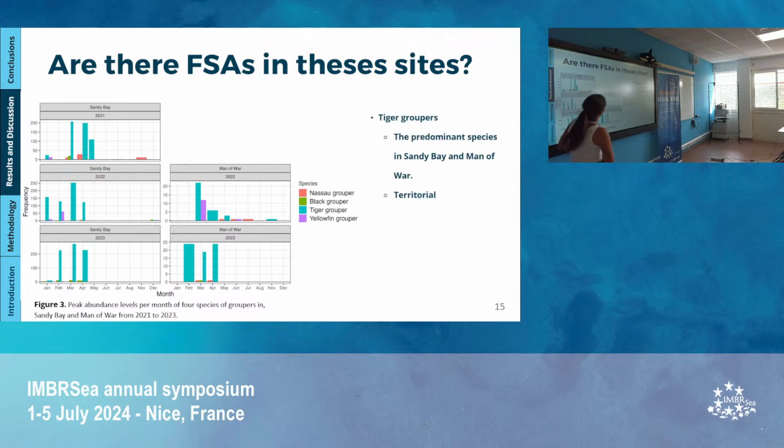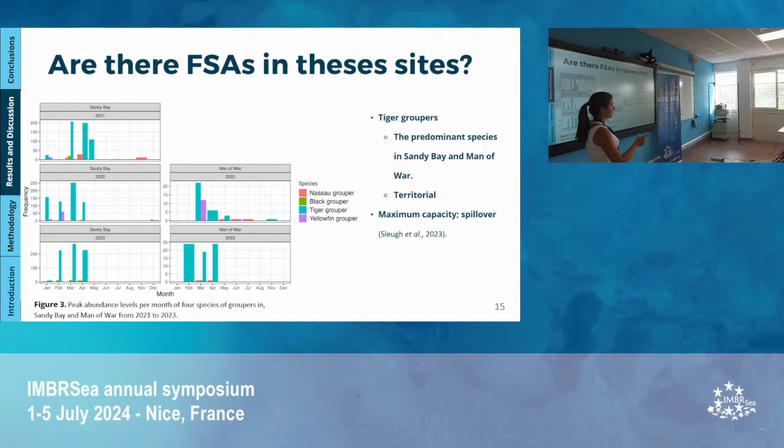So first, tiger groupers are the predominant species for these 2 sites. And this could be happening because tiger groupers are territorial. Also, other authors mentioned that when tiger groupers reach their maximum capacity in the aggregation, some of them, because of this territorial behavior, start going to other sites.